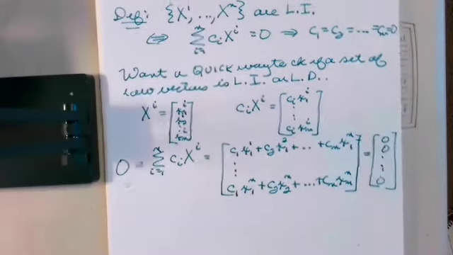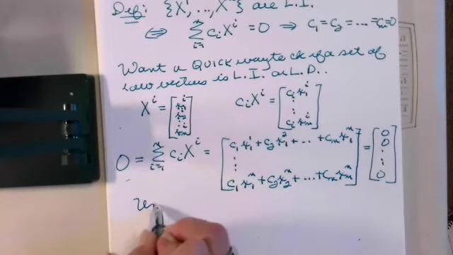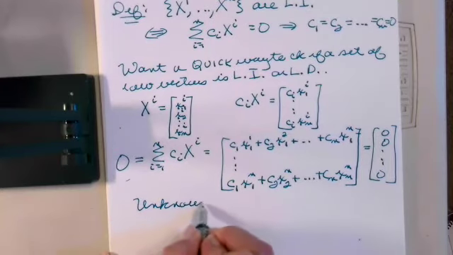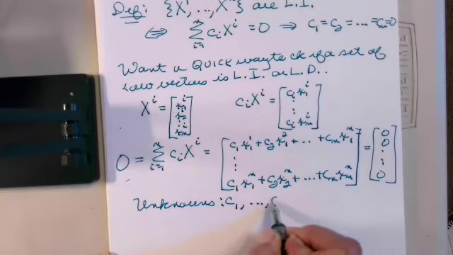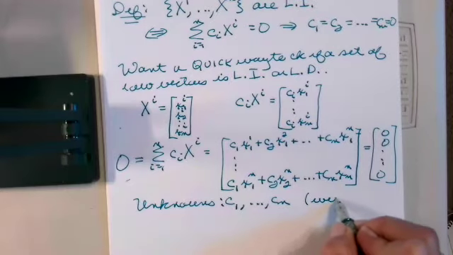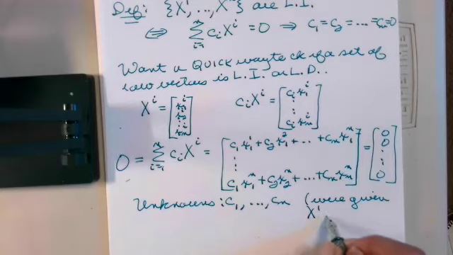So that means we have the unknowns here. This is what looks a little funny when students first see this. The unknowns are c_1 up to c_n, because you're given your vectors. We're given x^1 up to x^n, and so you know all the components of x^1 up to x^n.